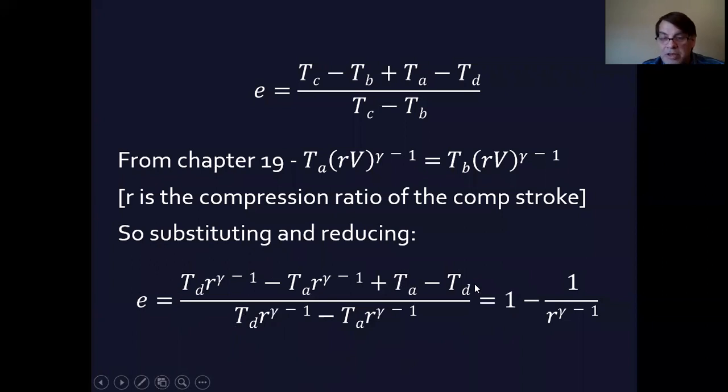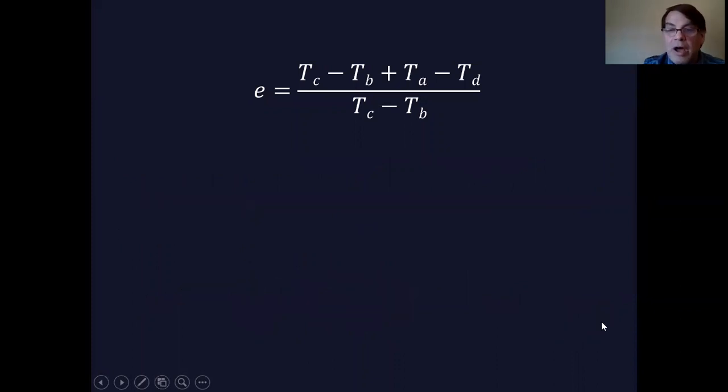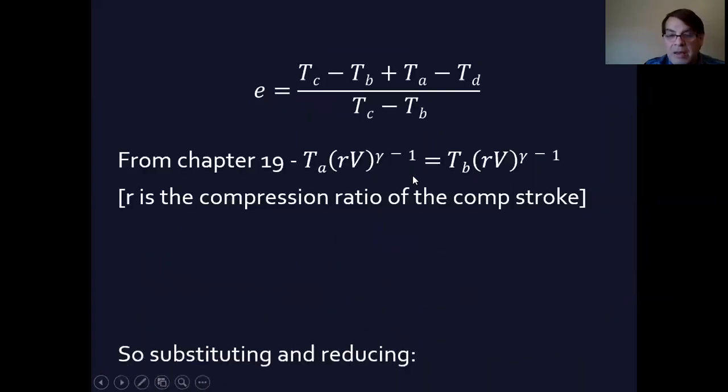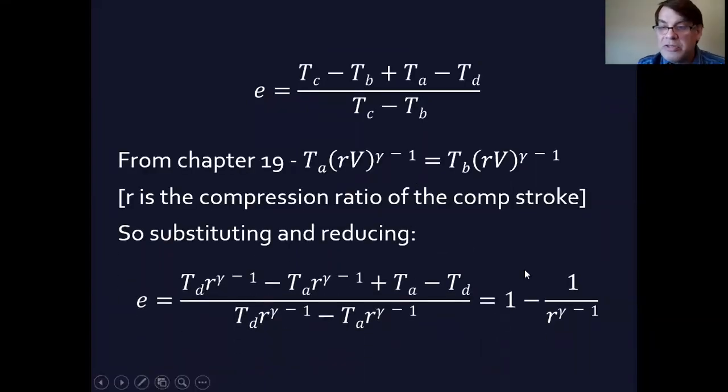And I'm left with this over this, which if I factor out a TD and a TA, I can cancel out that part. I'm left with a minus sign, because I have to flip the order of these, and then I'm left with r to the gamma minus 1. So that's how we derived this, that's where that came from. Again, the main thing is to know this formula. You don't necessarily have to know the derivation, although you should know this.